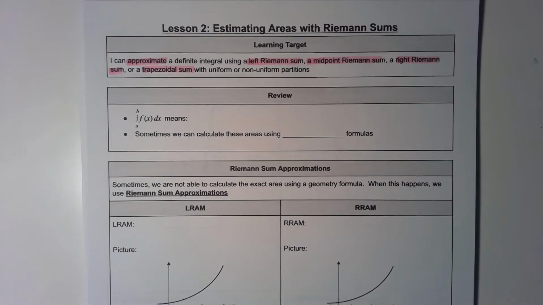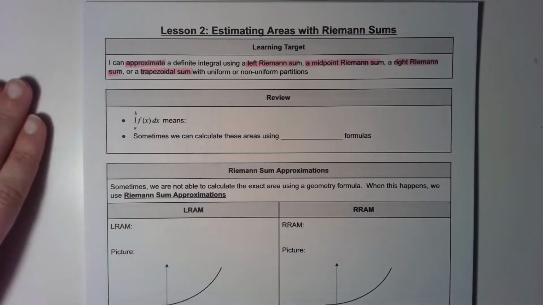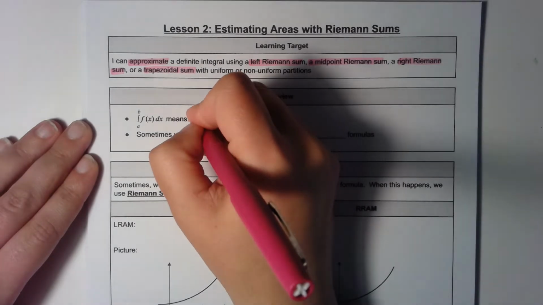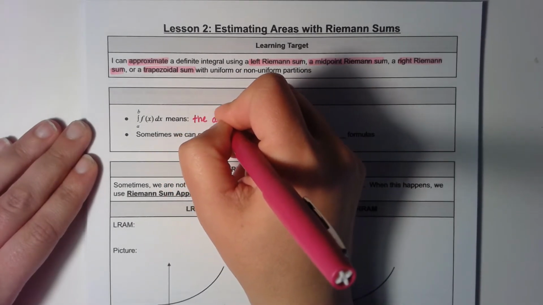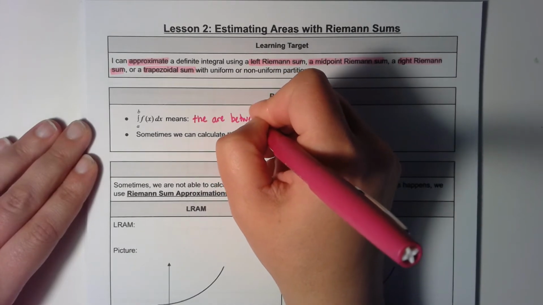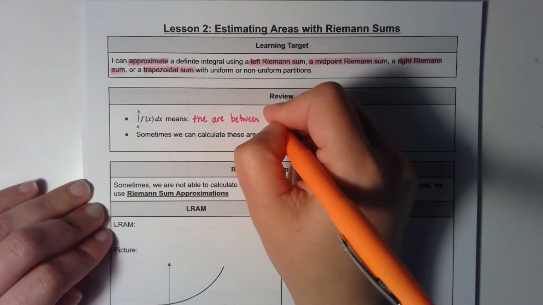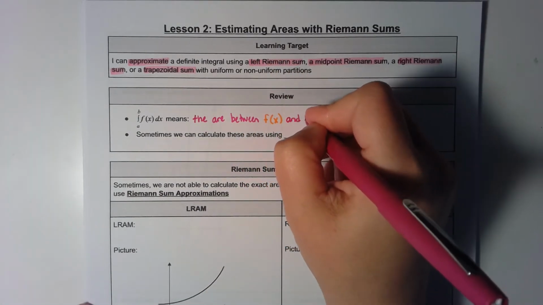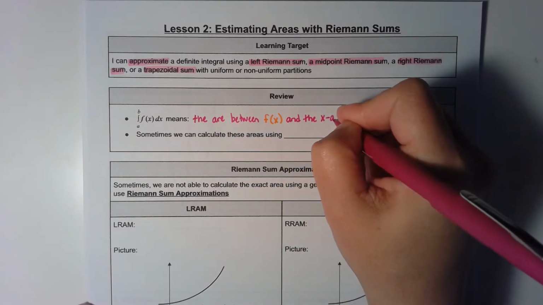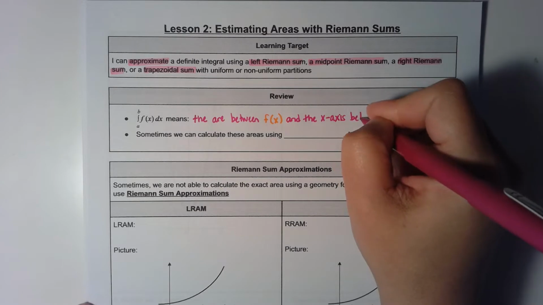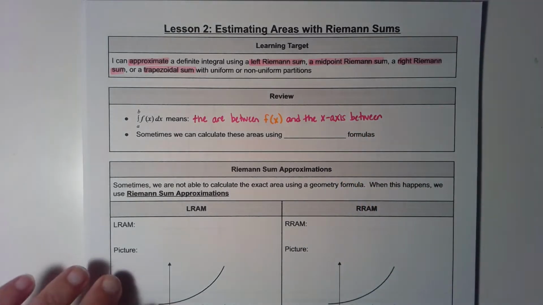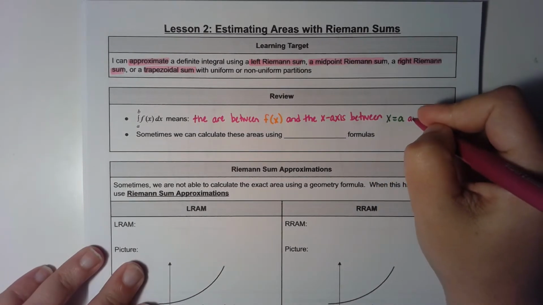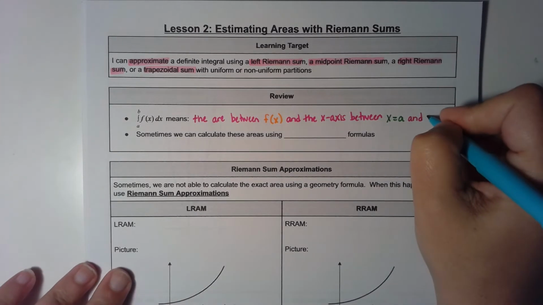So as a review, the integral from a to b of f of x dx means that we are trying to find the area between f of x, which is the function that's inside of the integral, and the x-axis, between the value where x equals a, which is our lower bound, and x equals b, which is our upper bound.